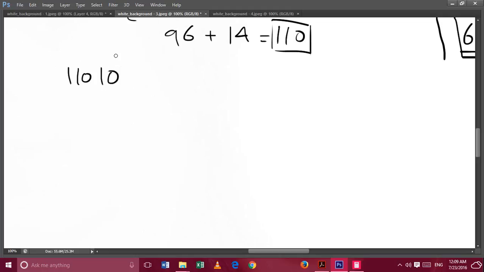There are two ways to do this actually. The weights are 1, 2, 4, 8, and the last one should be negative in 2's complement. So we add up just like we do in the unsigned binary notation. We add up all the numbers except for the last one, which has a negative weight.